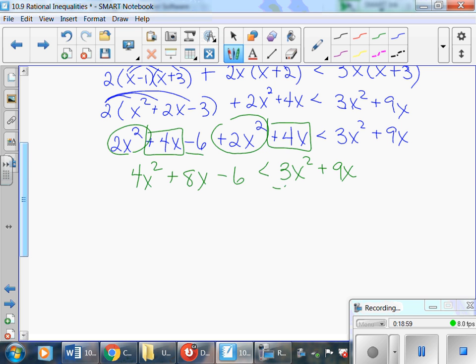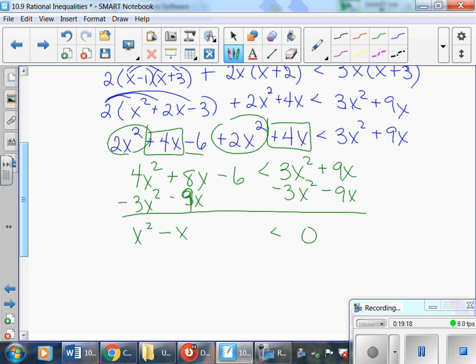So minus 3x squared minus 9x, which is going to give us the 0 that we need on the right-hand side. But whatever you do to one side, you have to do to the other side. Minus 3x squared minus 9x. So I get x squared minus x minus 6 is less than 0.